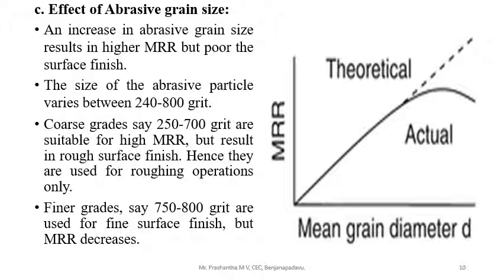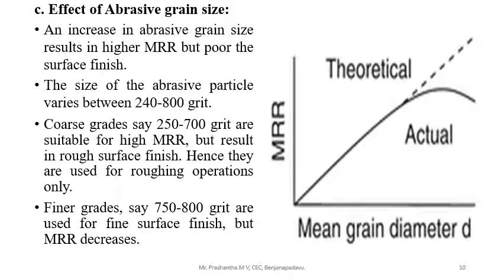When we want a high material removal rate, in those cases use coarse grains. Here material removal rate is fast or high but surface finish is poor, meaning we will get a rough surface finish. Hence wherever roughing operations are required, coarse grains are preferred.